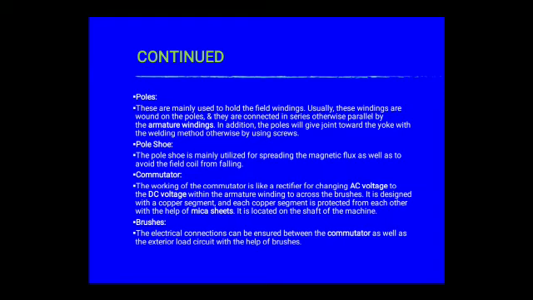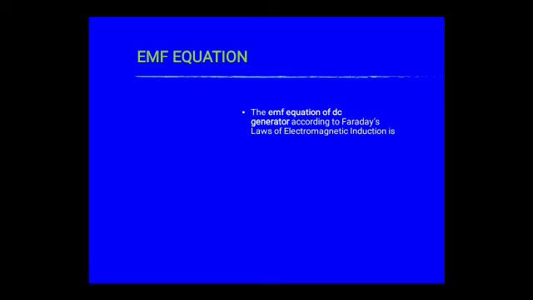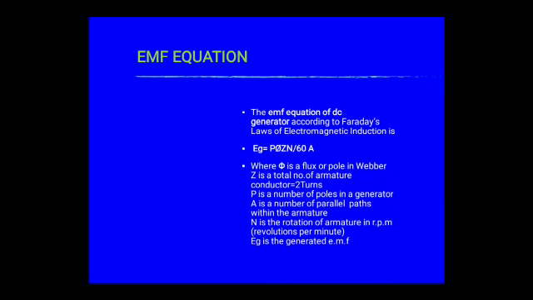Now, the next slide is the EMF equation. The EMF equation of a DC generator according to Faraday's laws of electromagnetic induction is EG, that is the generated or induced EMF, equals P phi Z N by 60 A. Here, phi is the flux per pole in Weber.